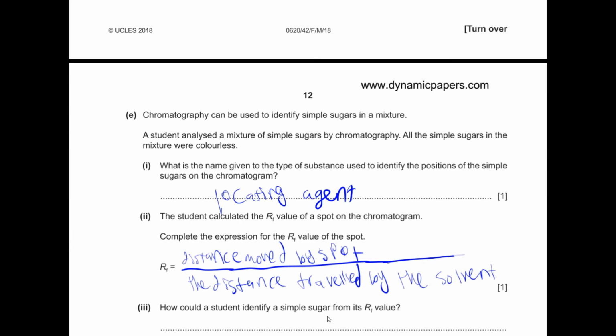So if you get confused with this formula, always remember that the RF value should be less than 1. So if we want to have something less than 1, we should have the numerator smaller than the denominator.